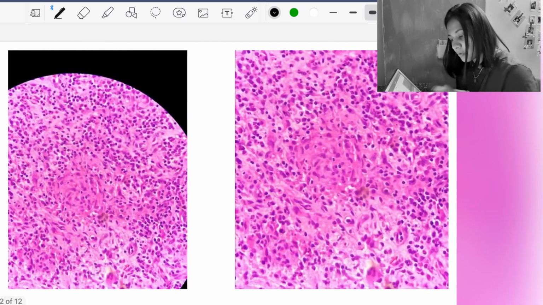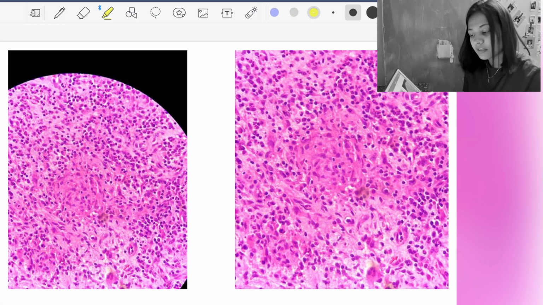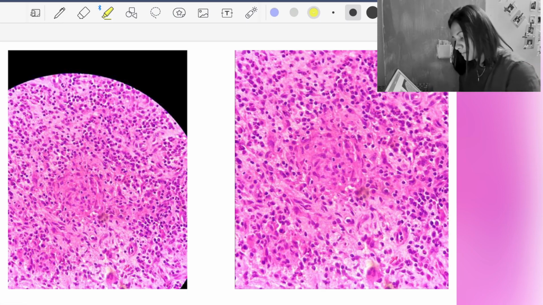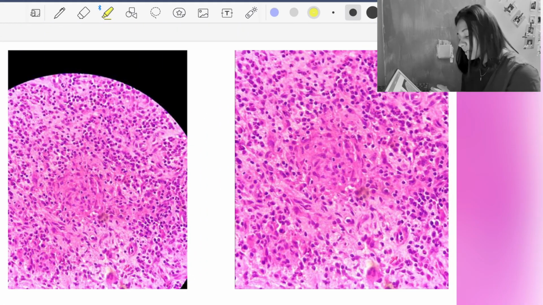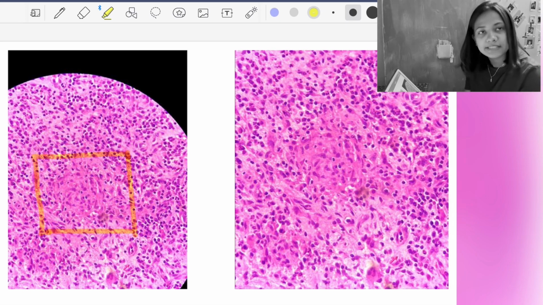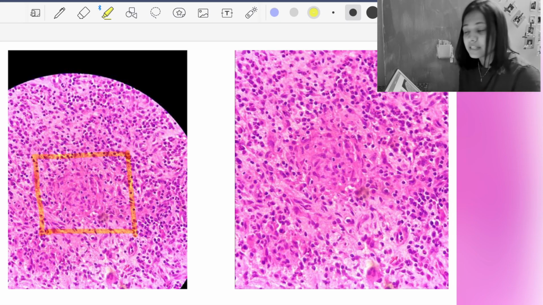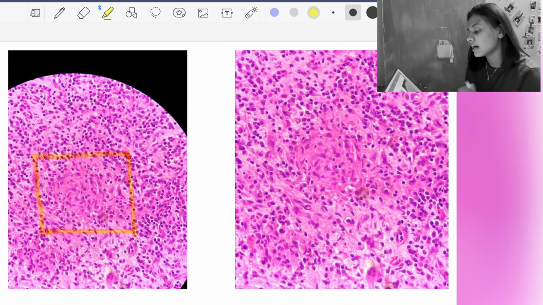I will show you how a granuloma looks on H&E. If you look carefully, you can see a collection of epithelioid cells, which are activated macrophages. These activated macrophages are known as epithelioid cells, and their collection is known as a granuloma.